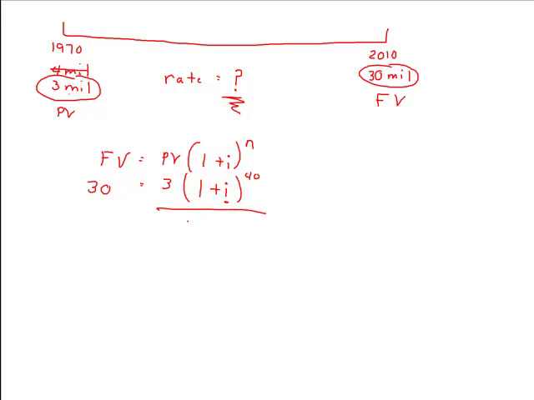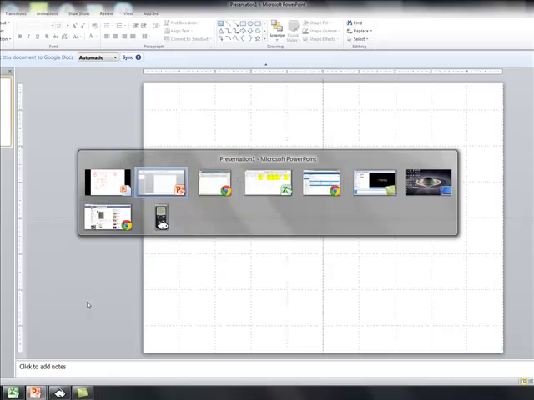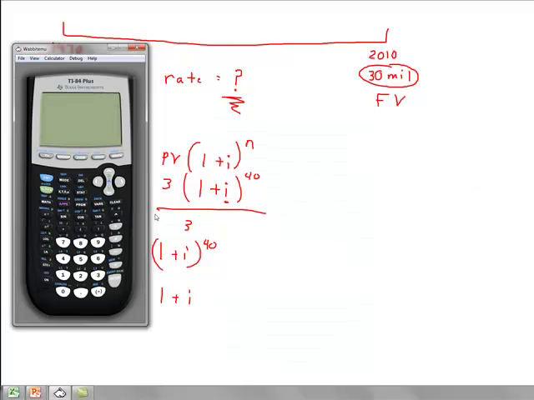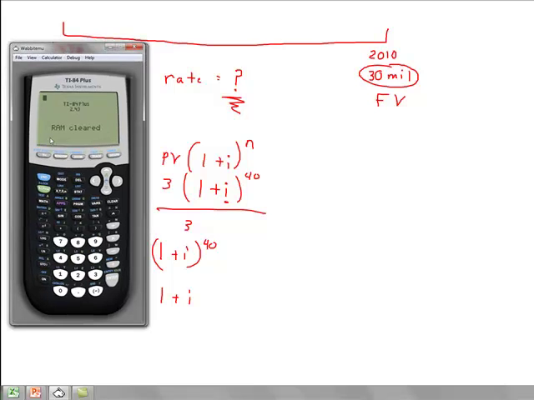So what I want to do is solve for I. So I'm going to divide both sides by 3. Then I get 10 equals (1 plus I) to the power of 40. And then if I take the 40th root of both sides, then I would get the 40th root of 10 equals 1 plus I. I'm going to pop over to my financial calculator and solve for the 40th root of 10.